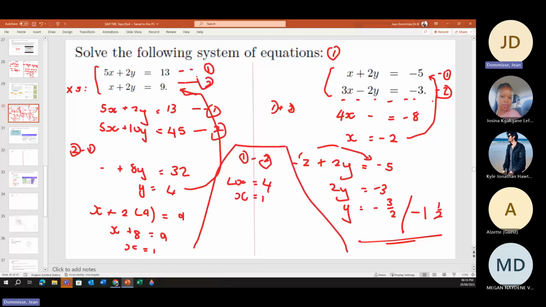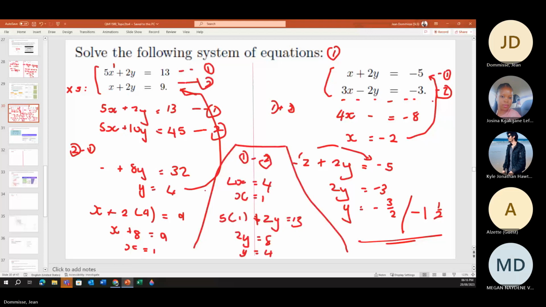And if I put that back into the first one, I get 5 times 1 plus 2y is equal to 13. I sit with 2y. If the 5 goes over to that side, 13 minus 5 is 8. And you see again, y is equal to 4.